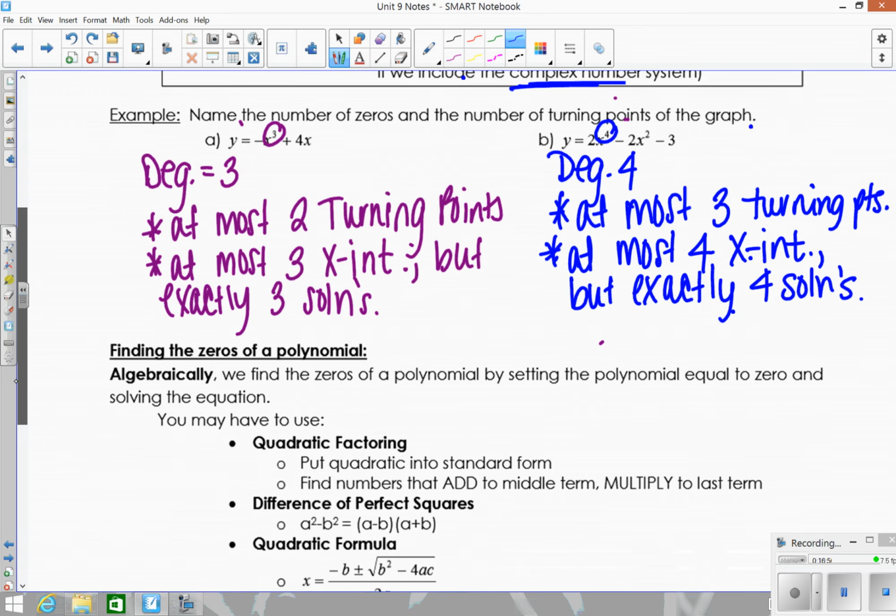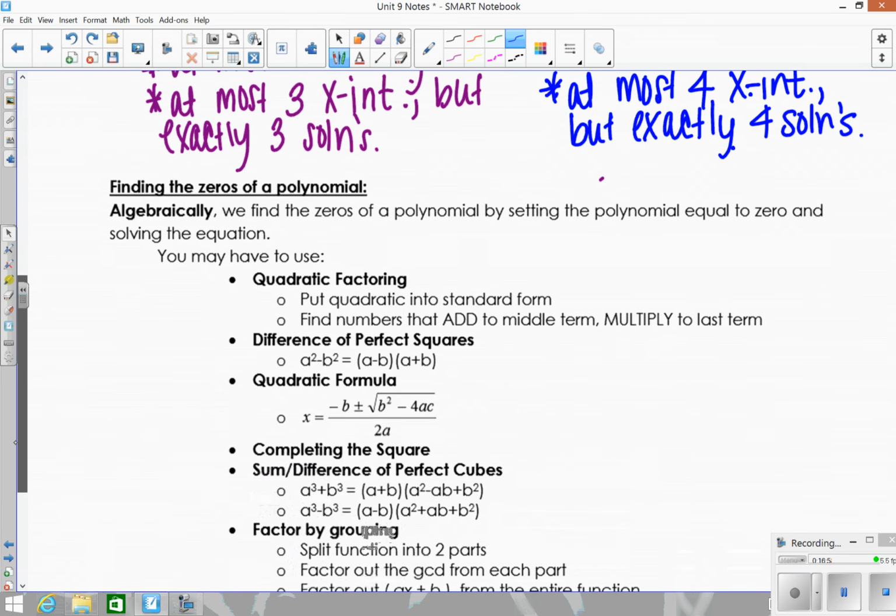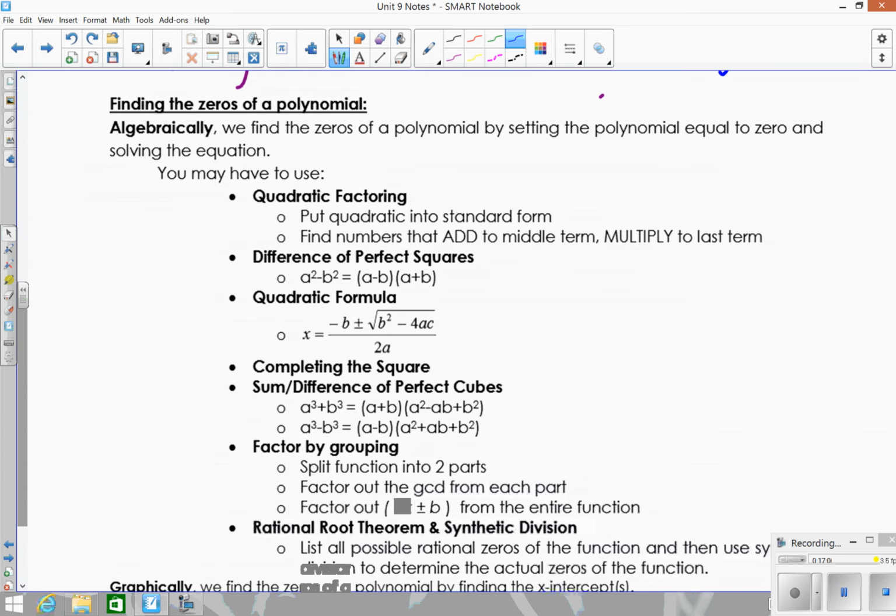So the next thing is, well, how do you actually go about finding these zeros? So this is just a summary for you of how to find the zeros. The zeros means when you set the equation equal to 0 and you solve for x, there are all different types of methods that may be used to find x. Quadratic factoring, difference of perfect squares, quadratic formula, completing the square, some of these other factoring techniques.